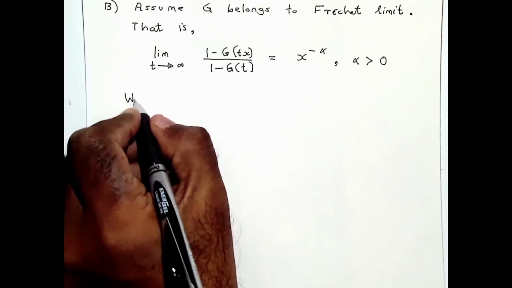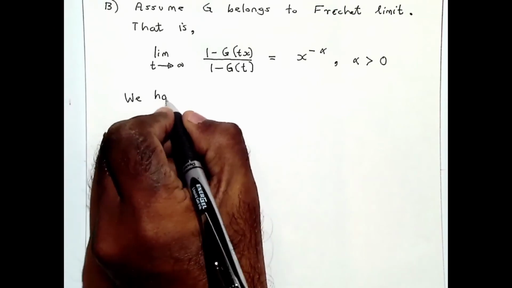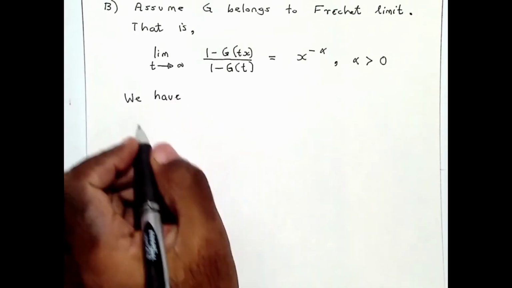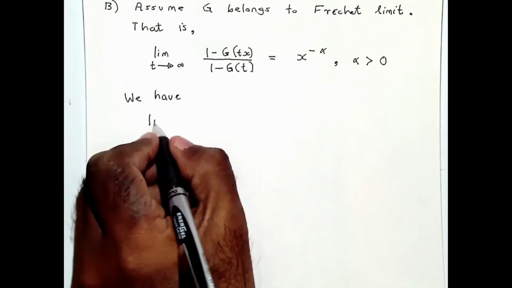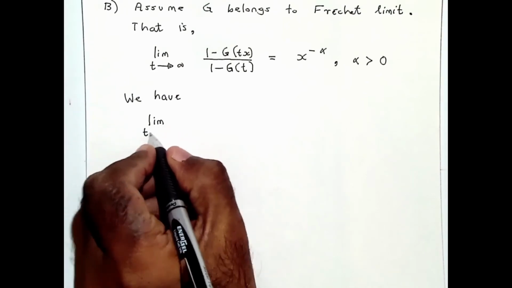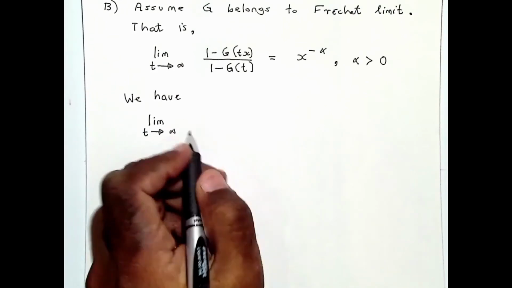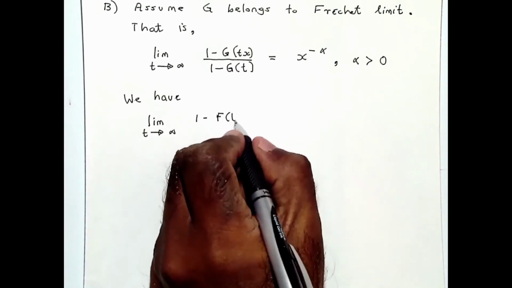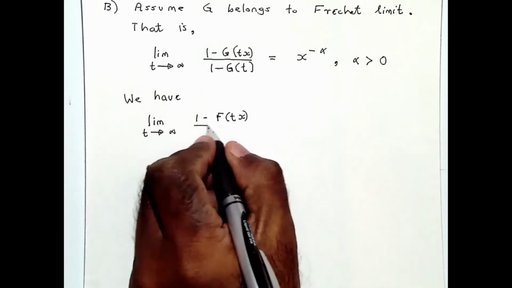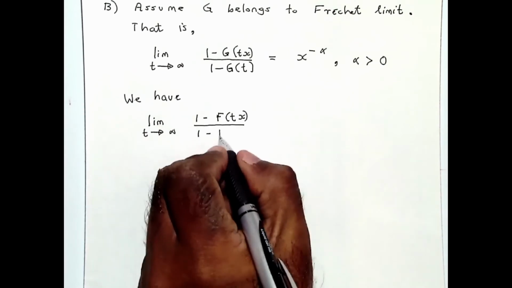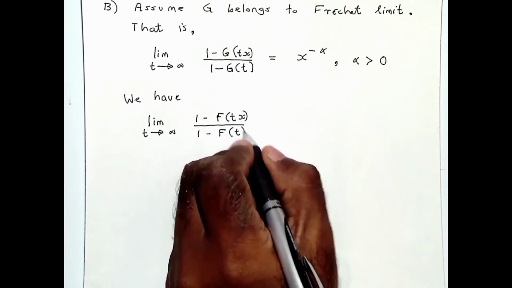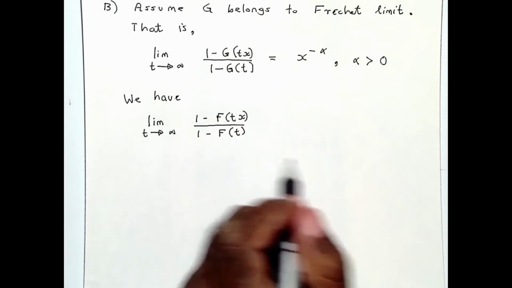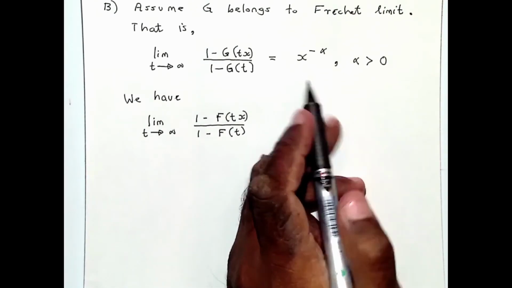So I'm going to start with the statement where G is replaced by f. And I'm going to show that this is of the same type as this.